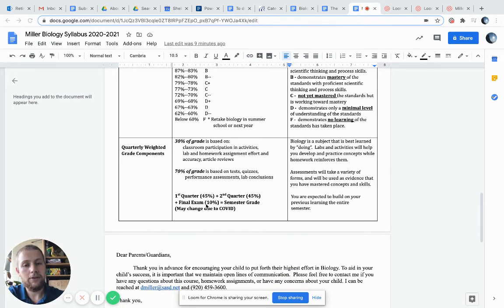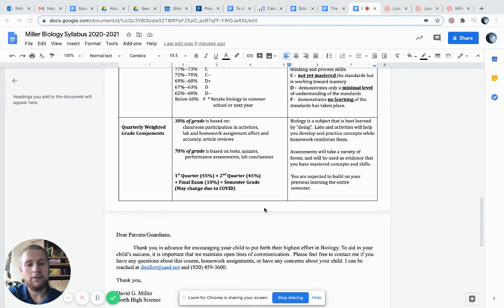First quarter and second quarter are weighted evenly, so they're each worth 45%, making 90%. The final 10% is the final exam. And the nature of this final exam, or even the existence of the final, may hinge upon what happens with COVID. So that is subject to change.